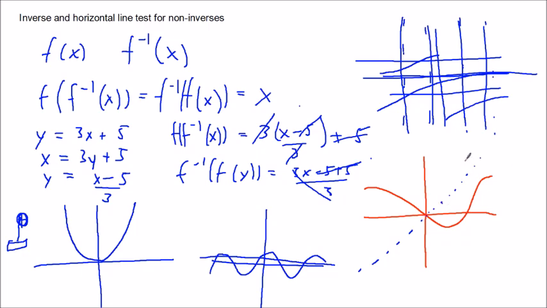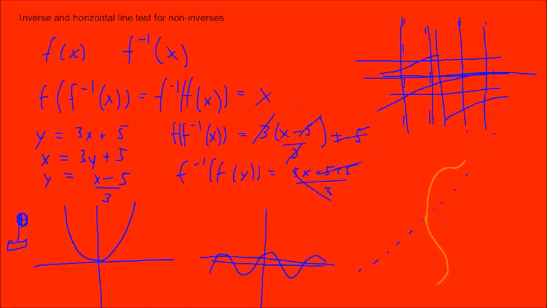This is a random function, I don't know the equation, but I do know the inverse looks something like this. There you go. I'll make that orange. So that's the inverse of the function.